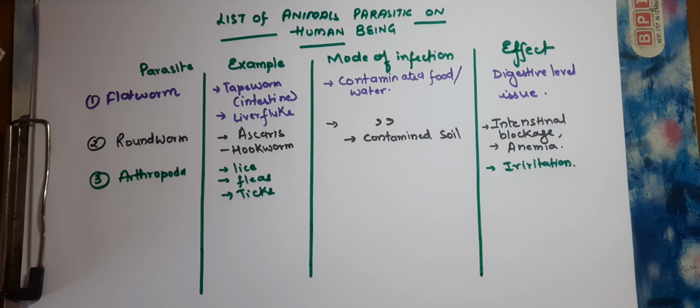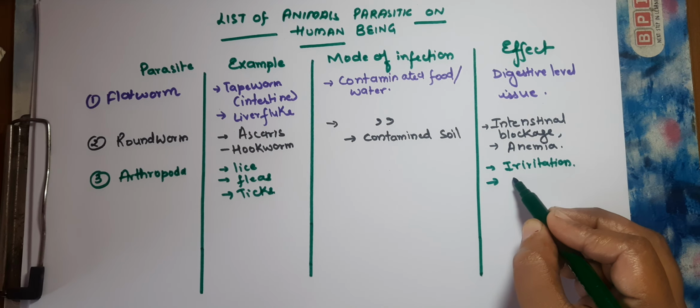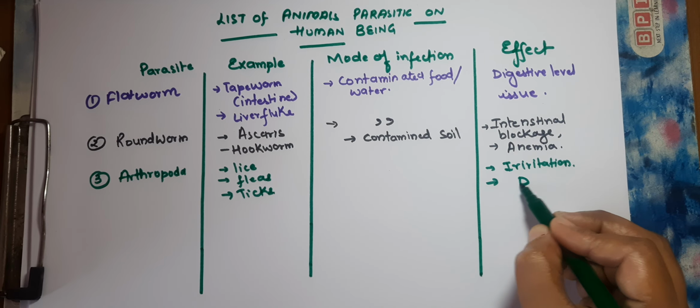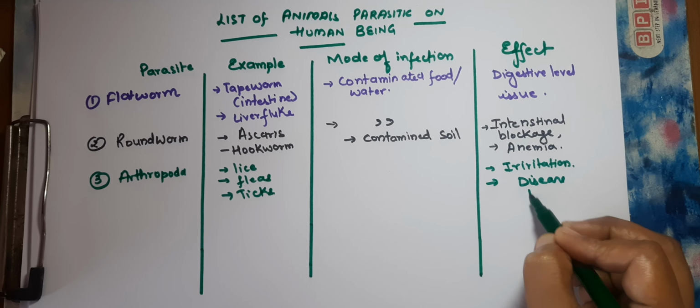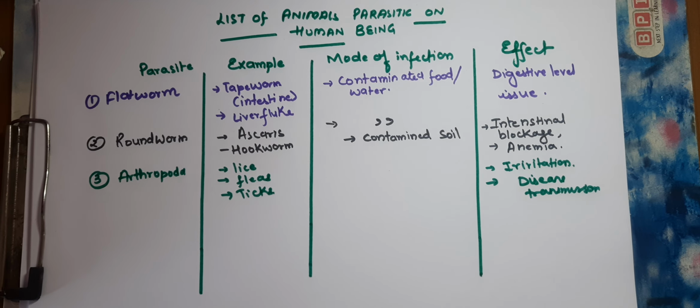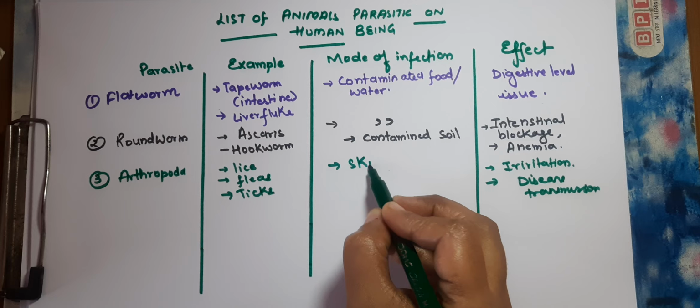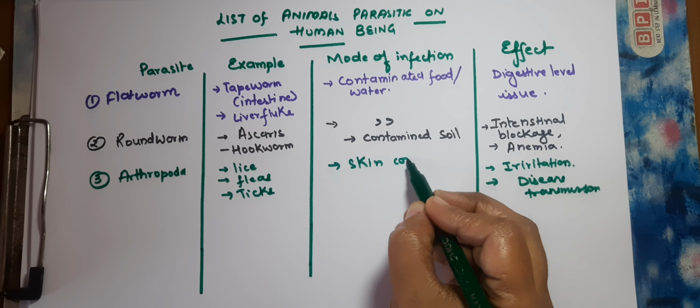And the fleas are also blood sucking ectoparasites that cause skin irritation as well, and sometimes transmit diseases like plague. So the arthropods also act as a mode of disease transmission. The mode of infection is skin contact or bites.